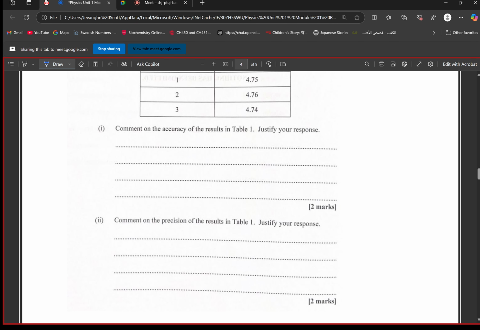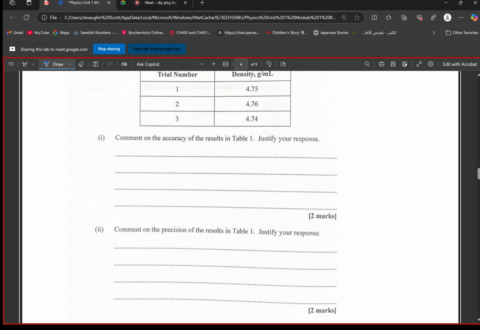It's in the ballpark of 0.02, 0.01. So they were saying that the measurements in this group are closely grouped, therefore they are precise. But because they are far away from the true value, they are inaccurate. So that's basically what we're talking about there.